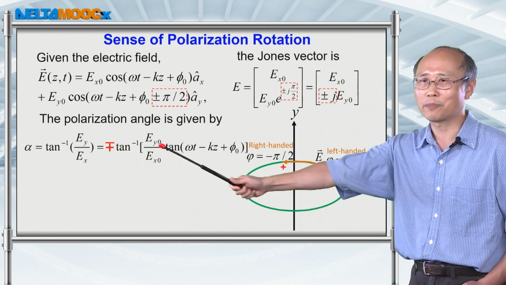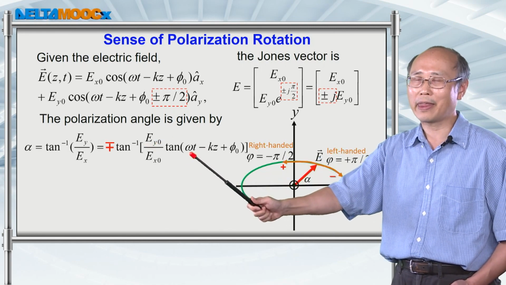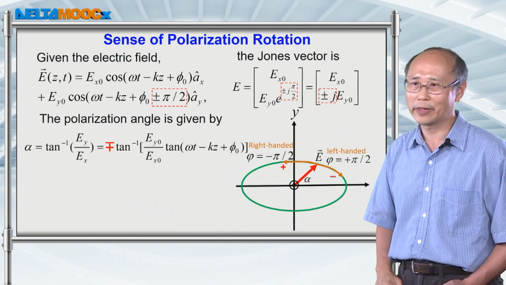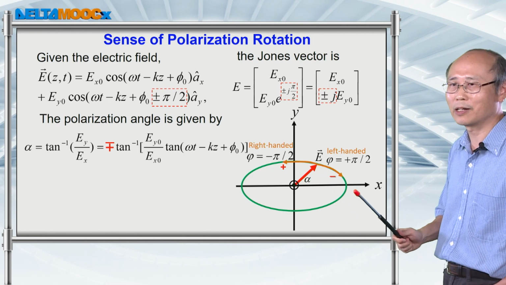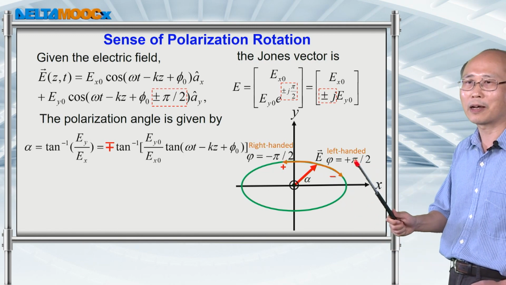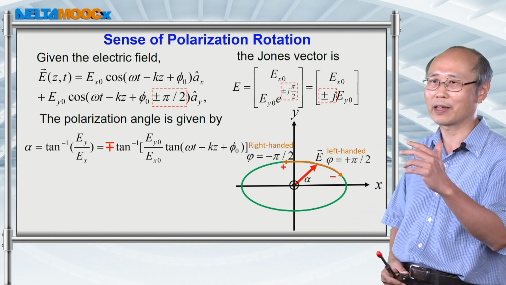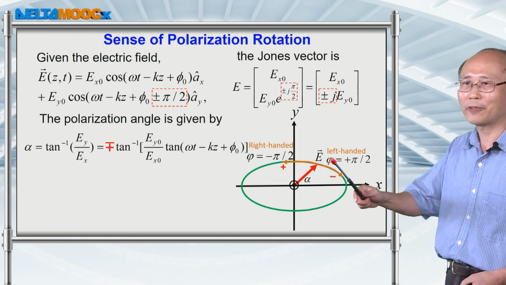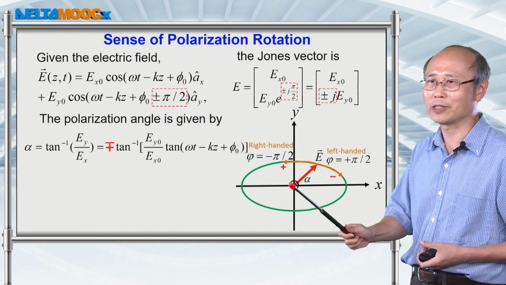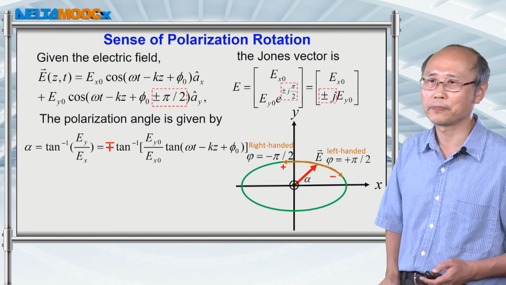If you follow this minus sign, this means that you increase t, then the alpha value is going to be more negative. So it's going to go down this ellipse. And we call this the left-handed polarization, because now you can use your left hand to follow this direction when you point your thumb along this z direction. And z direction is coming out from this board.